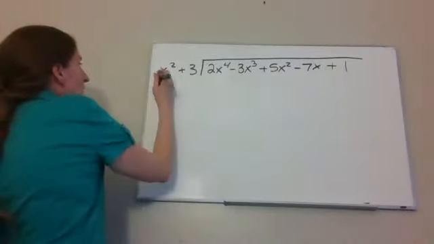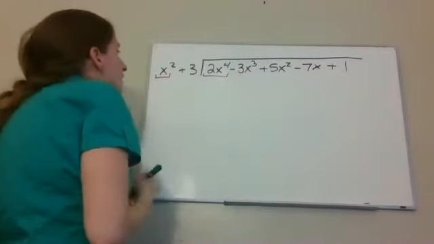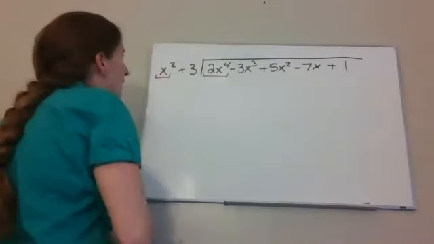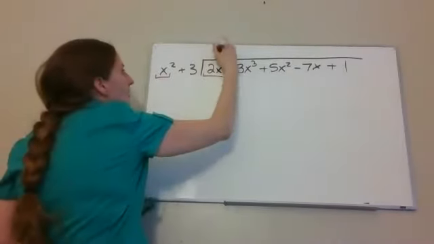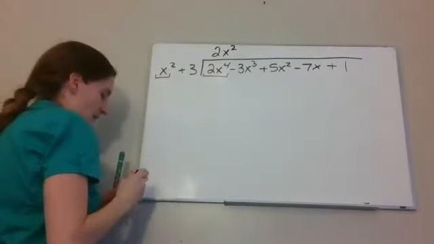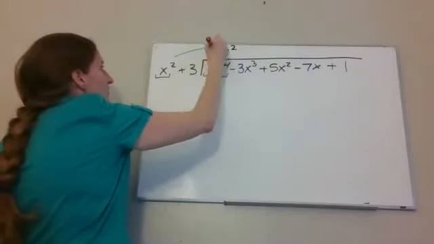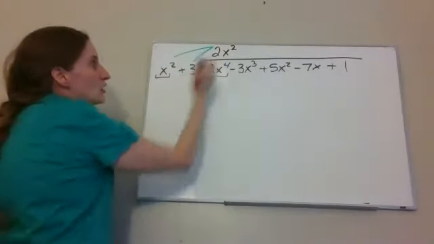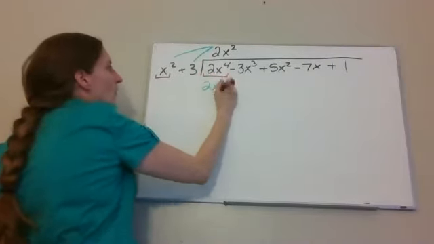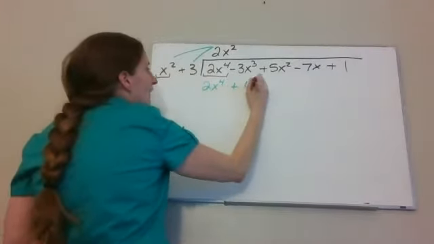Remember, you start by looking at just the first terms. What do I need to multiply x squared by to get 2x to the fourth? I need to multiply it by 2, and I also need to multiply it by x squared. Then you take that and distribute. 2x squared times x squared is 2x to the fourth. 2x squared times 3 is 6x squared.